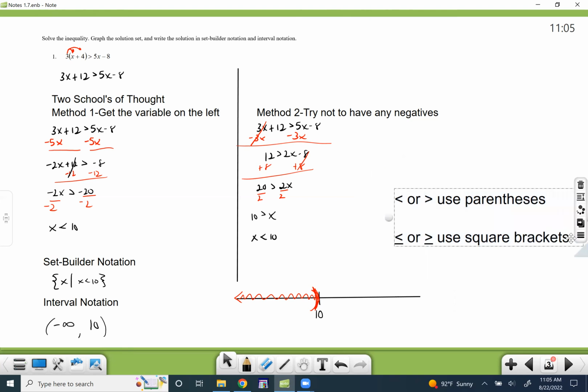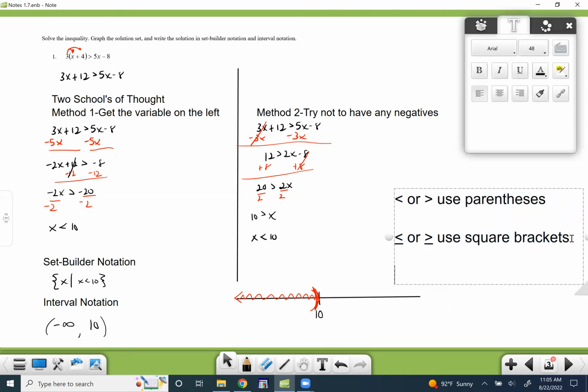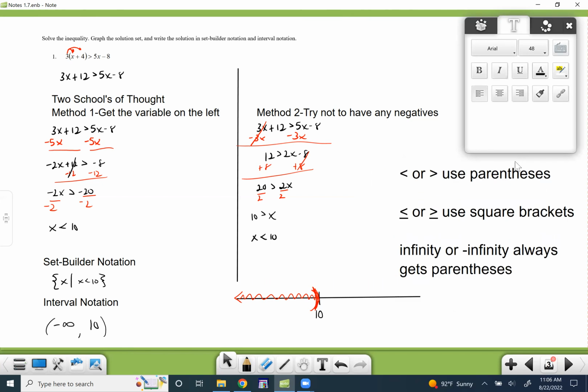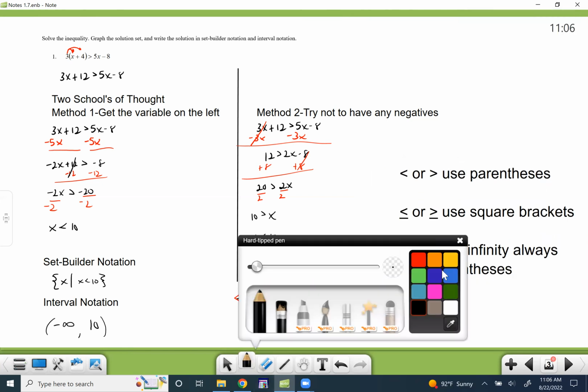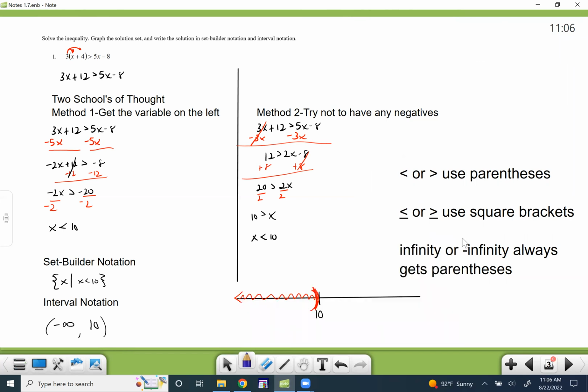There we go. All right, and so infinity or negative infinity always gets parentheses, no matter what. You will never put a square bracket on an infinity, you guys. You will always be putting a parentheses, okay?